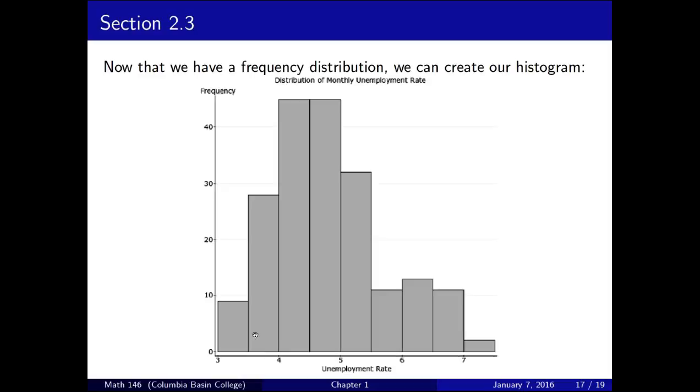The other reason the bars touch is you can't move these bars around. It wouldn't make any sense to take the 3 to 3.5% bar and plop it at the top, or move the 6 to 6.5 to the middle. They have to occur in this order.